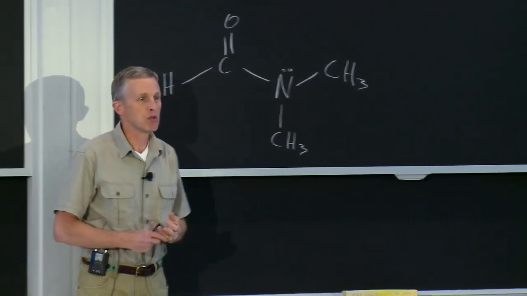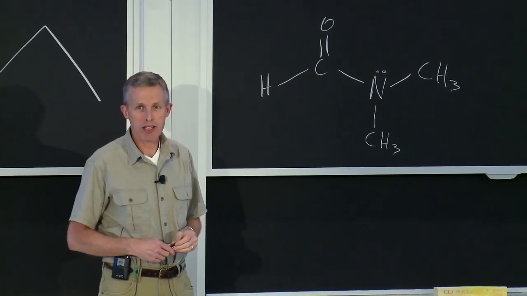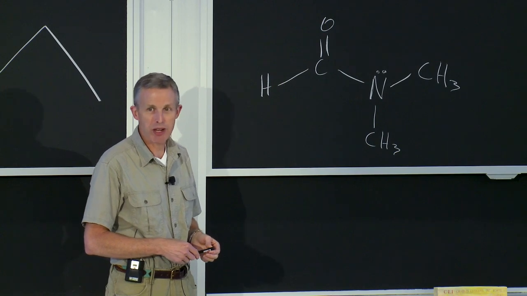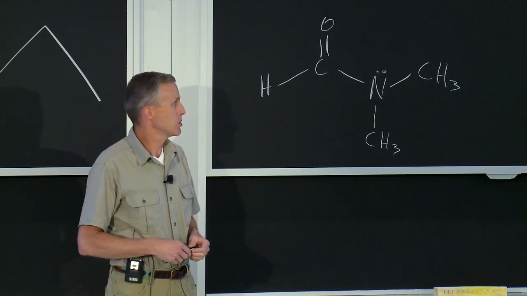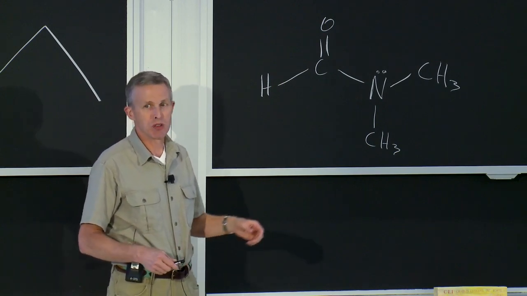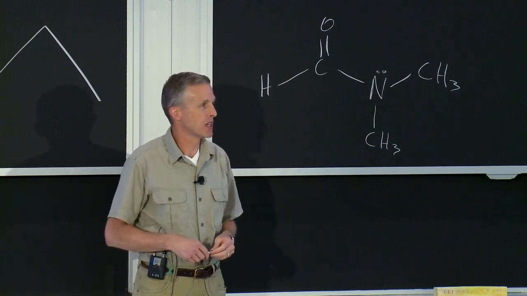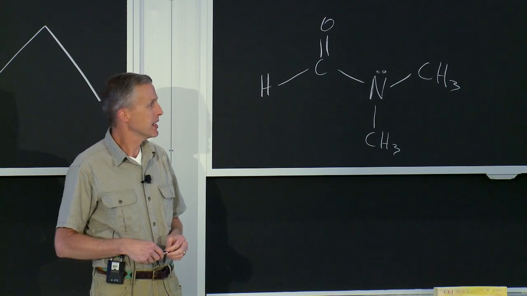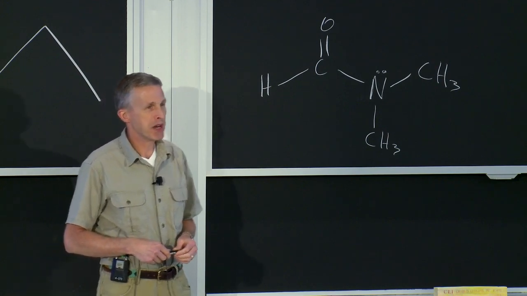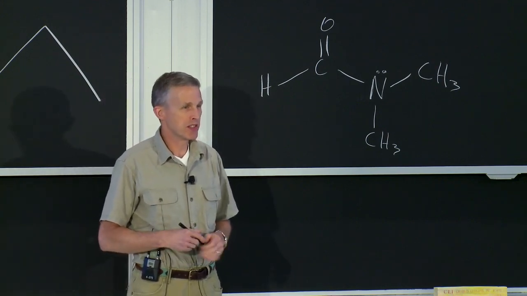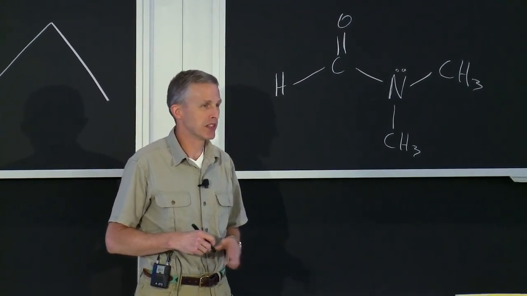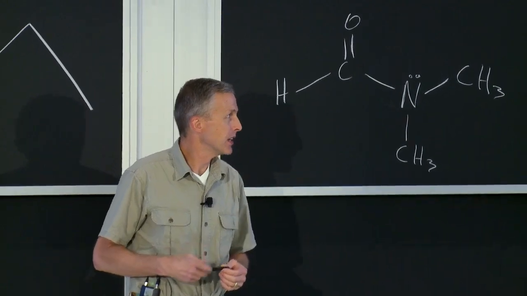So you can use that as an internal check in molecules to make sure that you're identifying peaks correctly. You can also use it to quantify different molecules that are present in a sample. And you can even spike a known amount of something in there to serve as a standard, and then quantify the amount of an unknown that you've put in there.